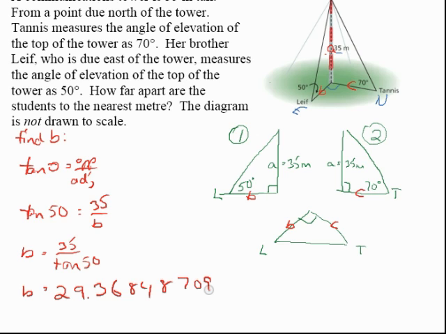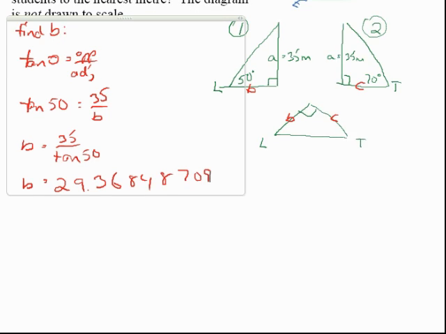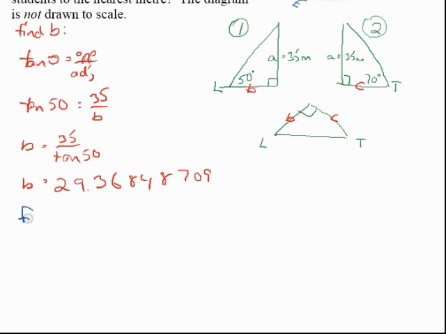29.36848709. And we probably should write down all of that, or store it in your calculator's memory, because we need to find another number now. Storing that in the memory won't help us if you only have one memory on your calculator, so you should write it down. Just trust me on that. Okay, let's find C now. This is also a tan question.